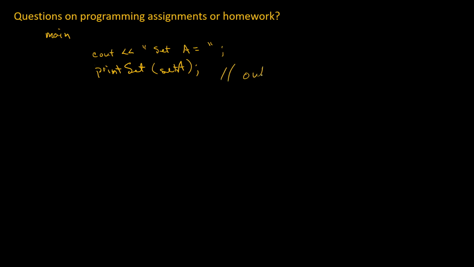My output here, what I want is set A equals, curly brace, like 1, 3, 7, if those are the elements that are in the set. That's what I want to see. And the way to do that would be a cout down here with an end line.